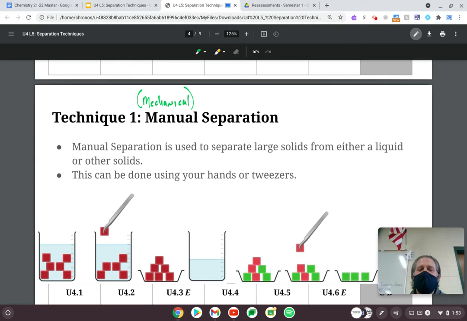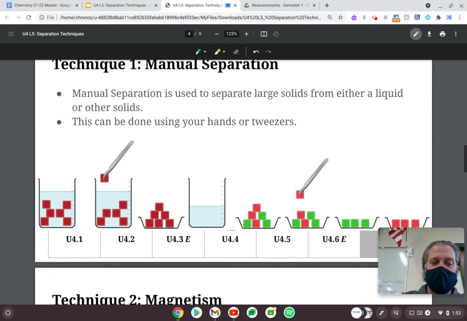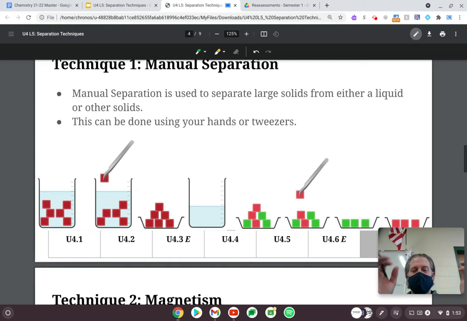Basically you're separating big solids from either liquid or other big solids. Over here on the left-hand side, I have a liquid with some red cubes in it. I'm using tweezers or forceps to remove those cubes and put them in a weigh boat. When all is said and done, I have a pile of red cubes, and I have a beaker full of water in this case. So that's an example of manual separation.